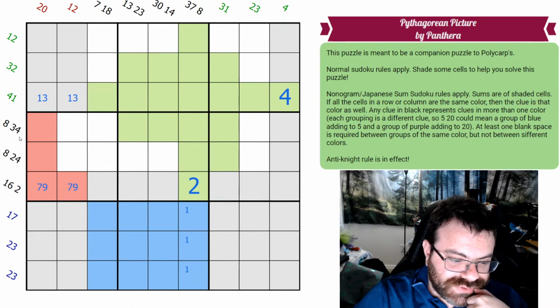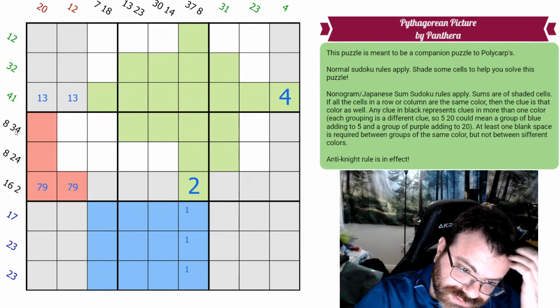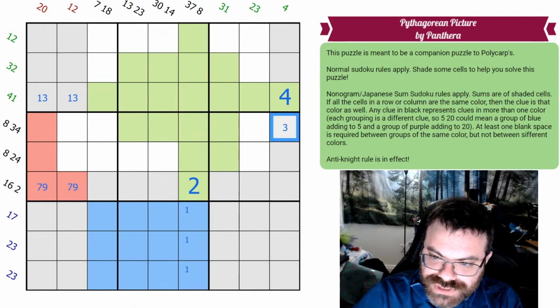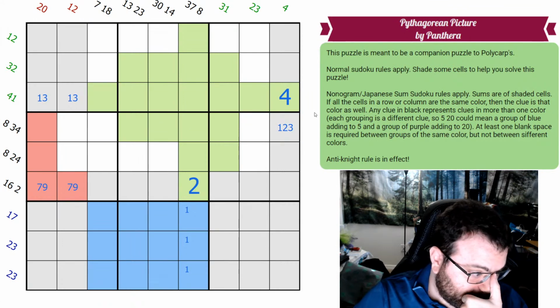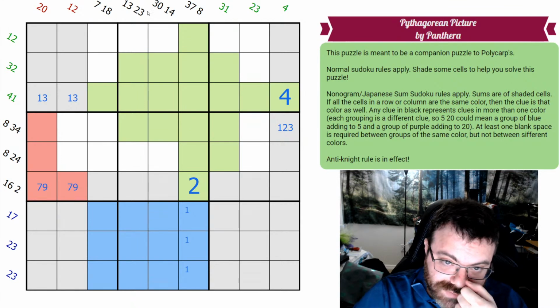These clues add up to 42. So they're missing 3. So this is a 1, 2, or 3. Yeah, there's a lot of places to look.